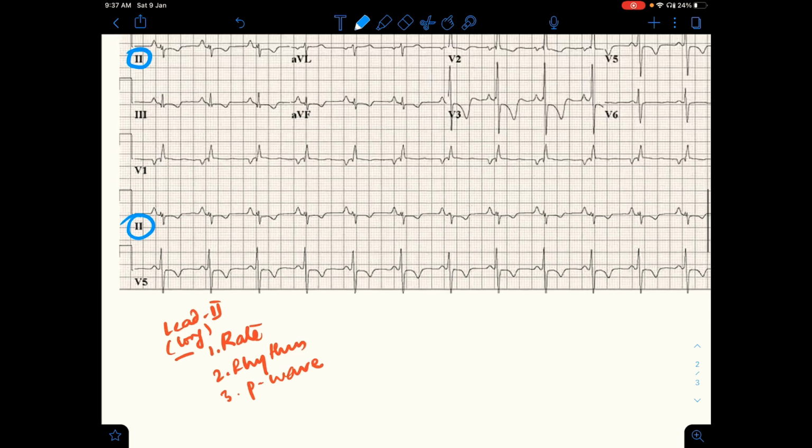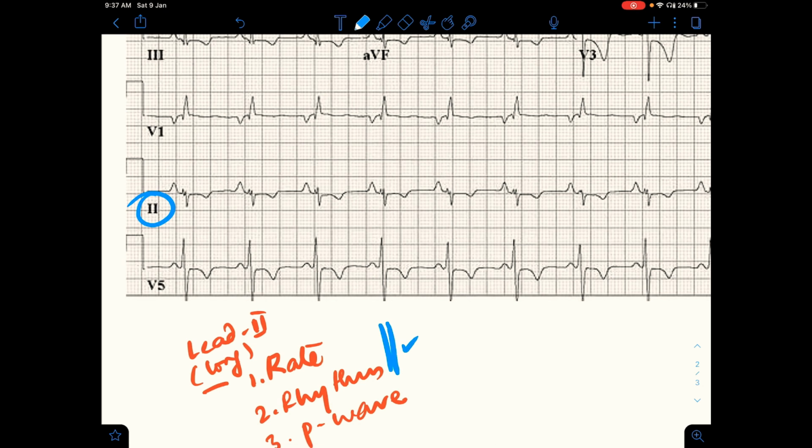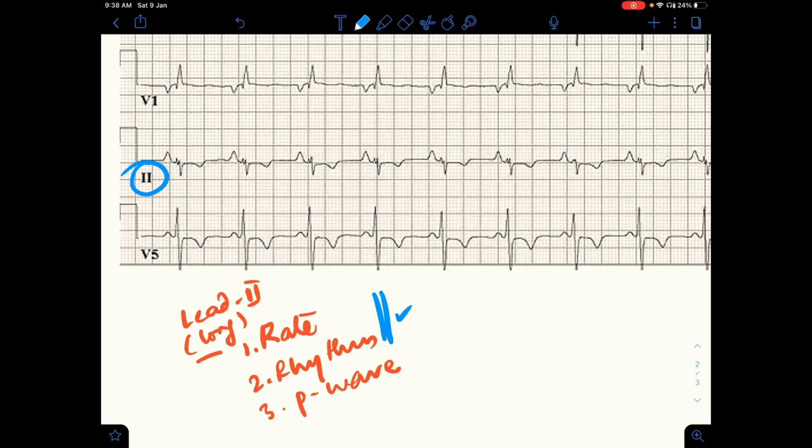On the long lead we check the rate and rhythm. First we check the ventricular rate, and then the atrial rate. The ventricular rate is approximately 4 big boxes, so 15 and 3, 18, 1500 by 18.